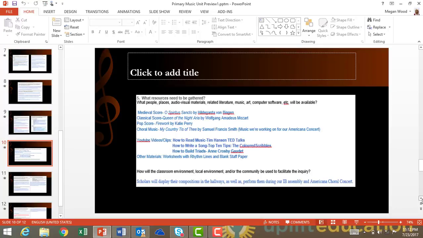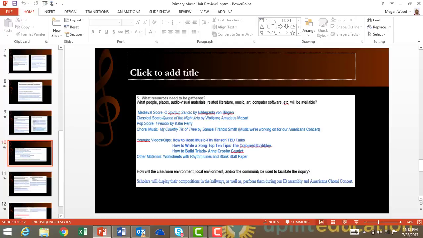Now, the bottom part of box 5 is a part that gets overlooked a lot. And that is basically saying how your classroom environment, local environment, and our community is going to be used to facilitate the inquiry. For this one, I have scholars will display their composition in the hallway, so that would be the school environment, and perform them during our IB assembly, again school, and Americana choral concert.